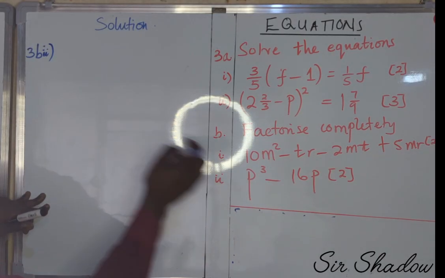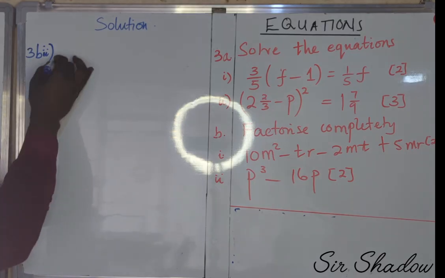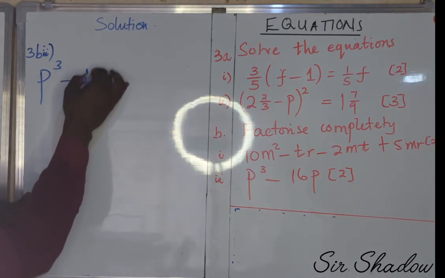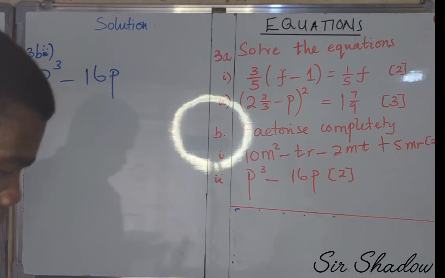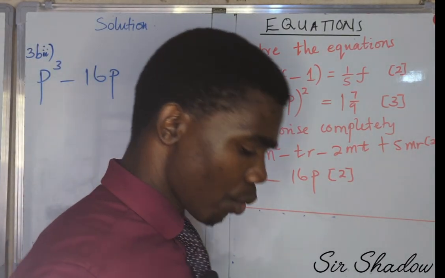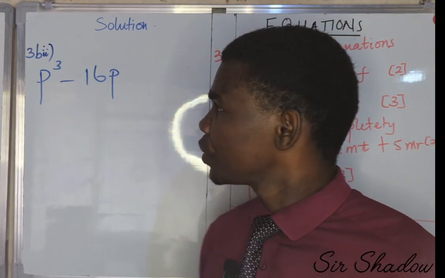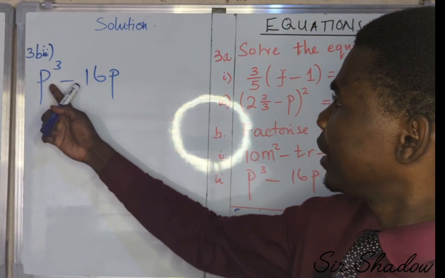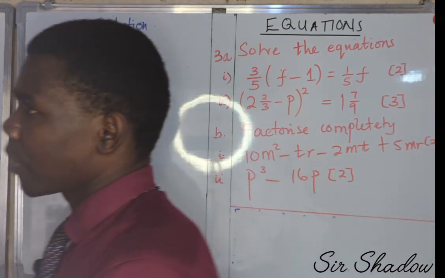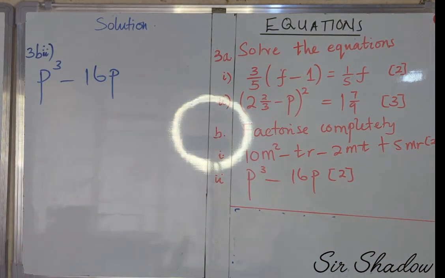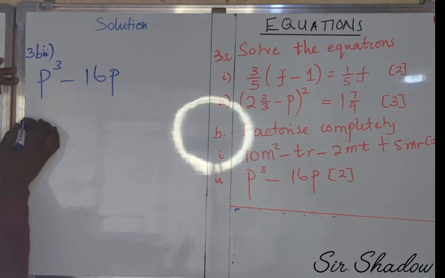All right, for 3b, item 2, we are given p to the power 3 minus 16p. We want to factorize something like this. Remember whenever you're focusing on factorization, first of all, you check: is there anything which is common between the two?